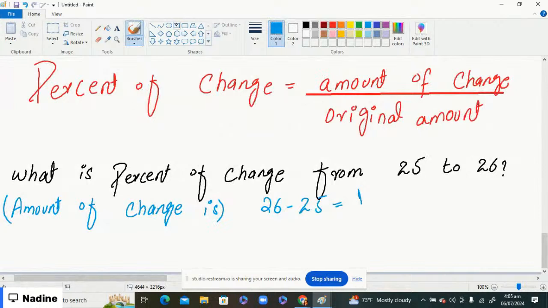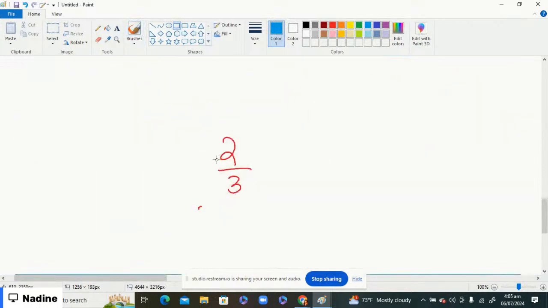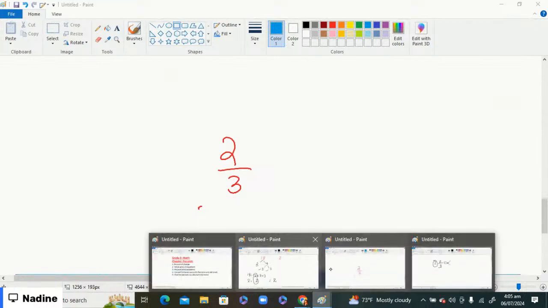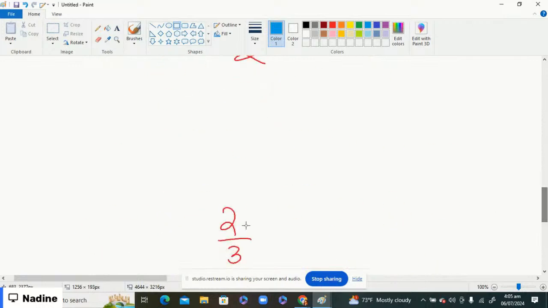So here is the formula for percent of change.